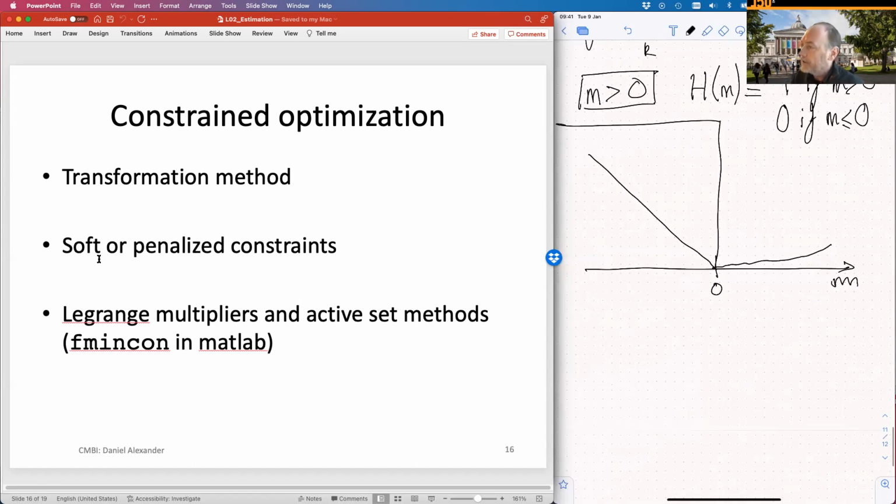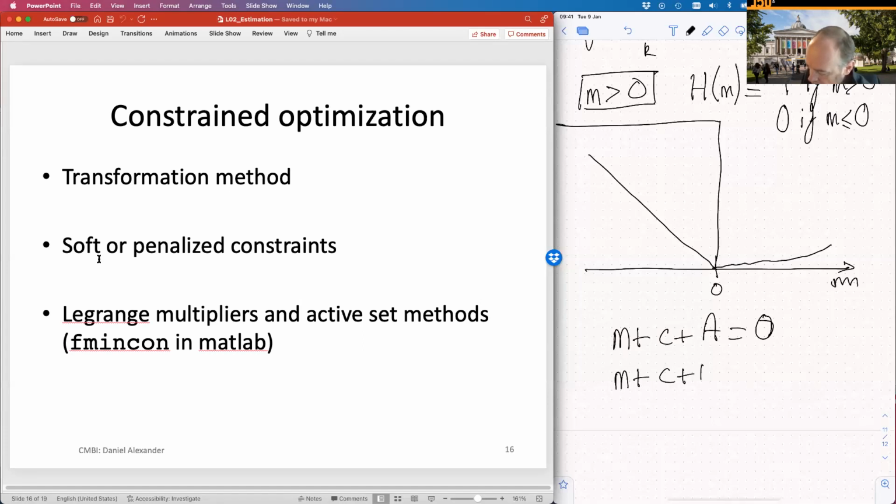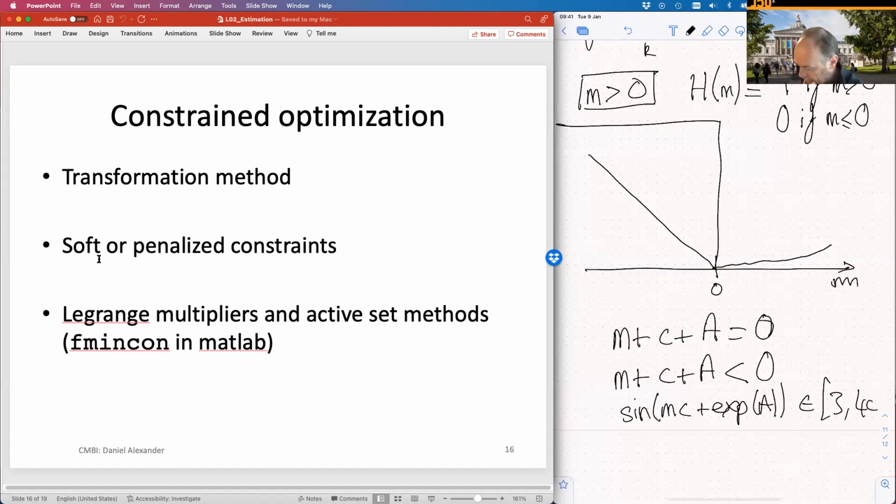Again, a very simple idea. And then there are some more sophisticated ways of imposing constraints that allow you to impose more sophisticated constraints. So, for example, you might want to impose a constraint, say M plus C plus A equals 0, some kind of linear constraint on the parameters, or a linear inequality, something like the sum of the parameters is less than 0, or even some complicated function of those parameters, something random like that.